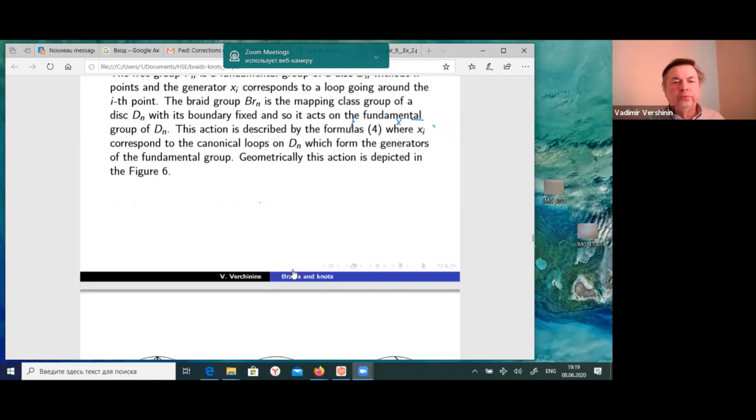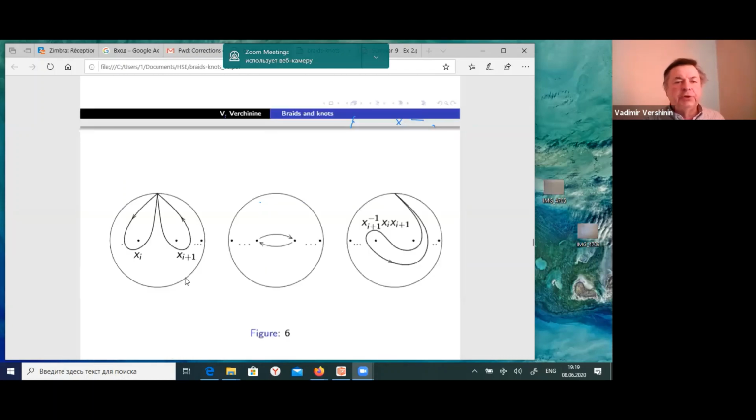In this picture, don't look at here, only here. You fix the initial point of your fundamental group somewhere on the boundary of a disk, on a circle, and this is the loop which gives you the generator of the free group, the fundamental group.